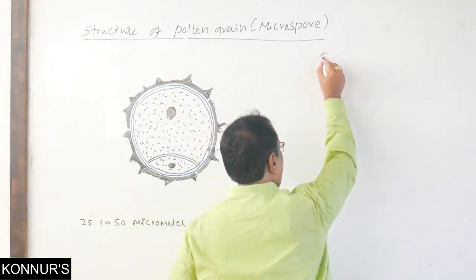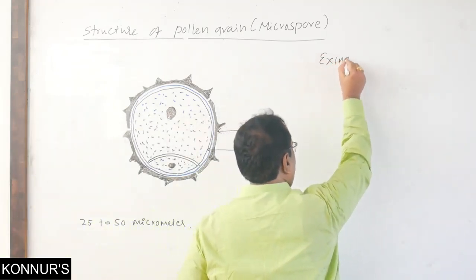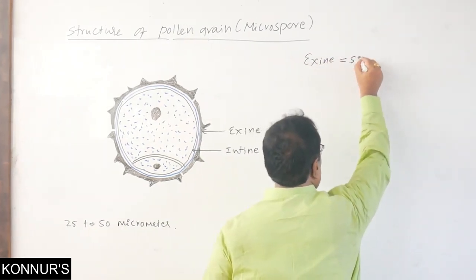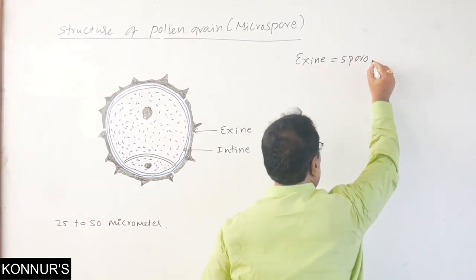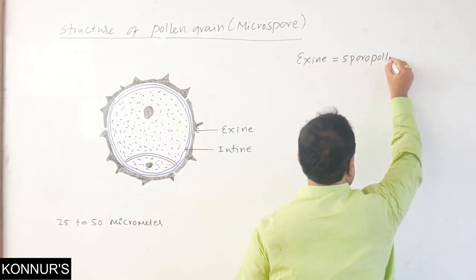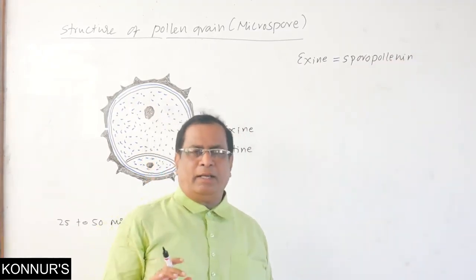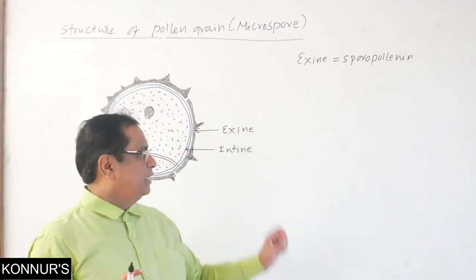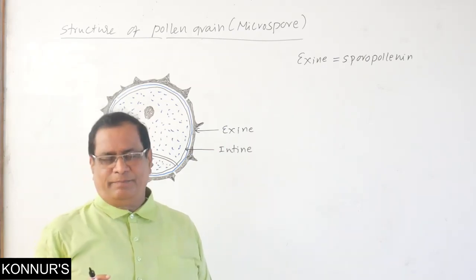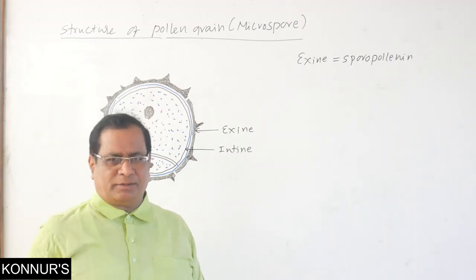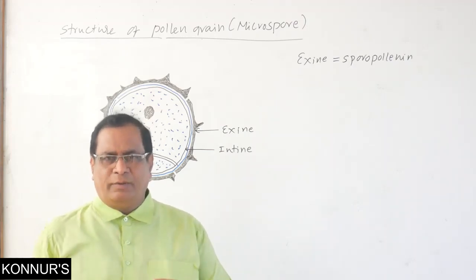This exine is thick and is made up of sporopollenin, a very resistant organic material. It is resistant to high temperature, even the action of acids and alkalis.